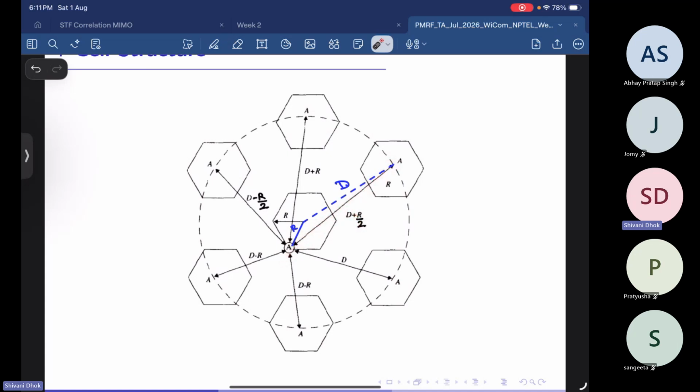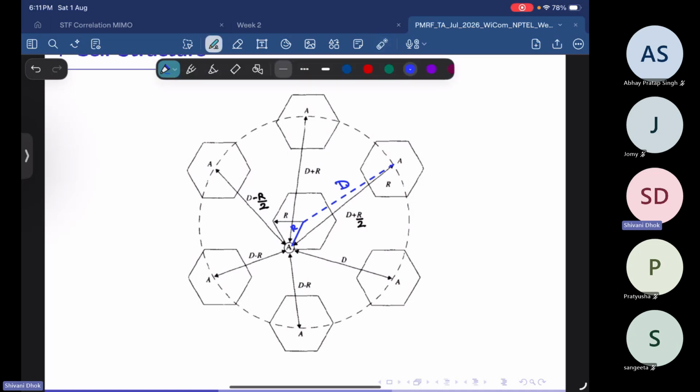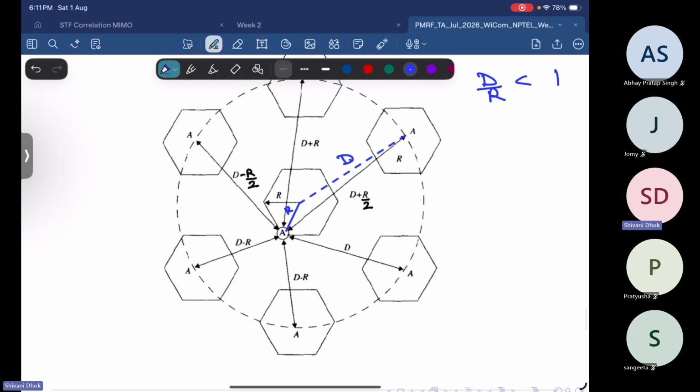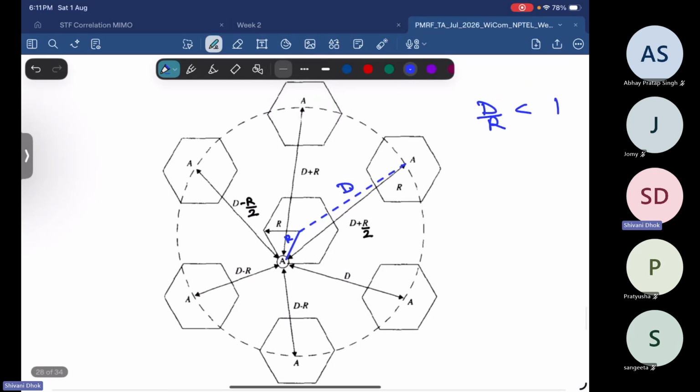This is obtained assuming R is smaller than D, so these distances are calculated by assuming R by D is much smaller than 1, or smaller than 1 at least. This is how your 7-cell structure looks.